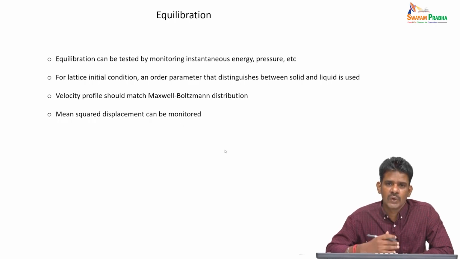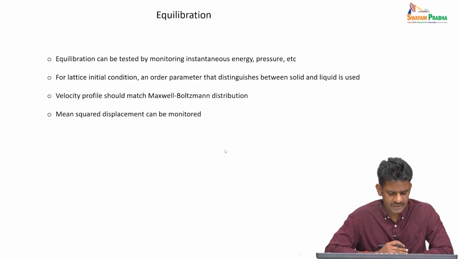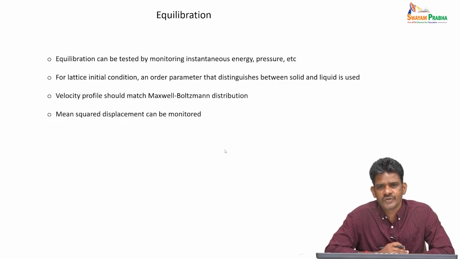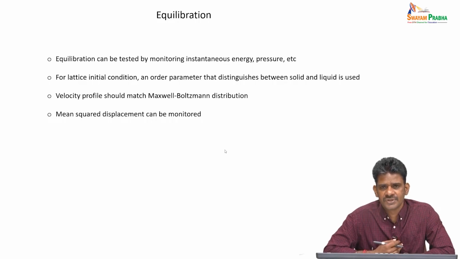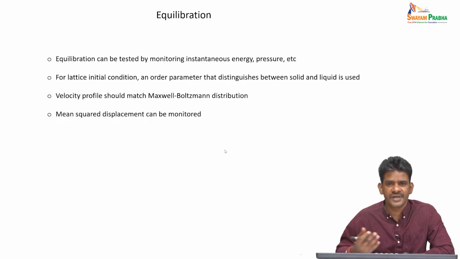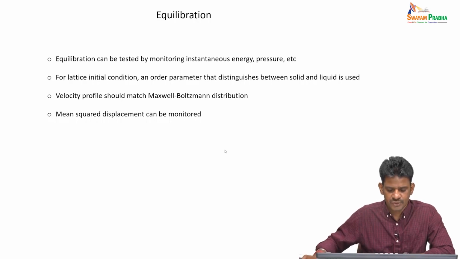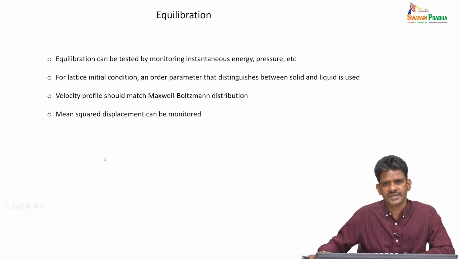We can also look at the velocity profile and see whether it has reached a Maxwellian distribution. We can also look at the mean square displacement and see whether it has become linear in time. There are various prescriptions to test whether the system is truly in equilibrium, using different kinds of initial conditions or different types of perturbations, to check whether the system is truly equilibrated or stuck in some metastable state.